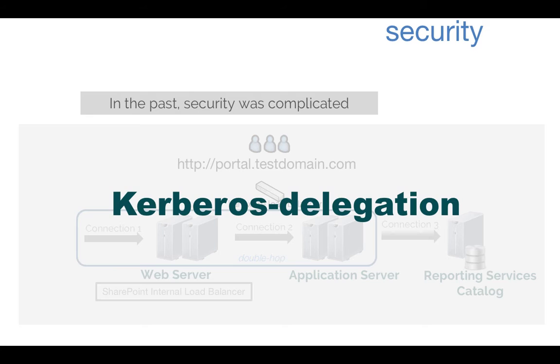Plus the fact that now my end users will have permissions to my reporting services instance, and then my users will also have permissions to access the reporting services catalog. What makes you think that they could not bypass SharePoint and connect directly to reporting services?